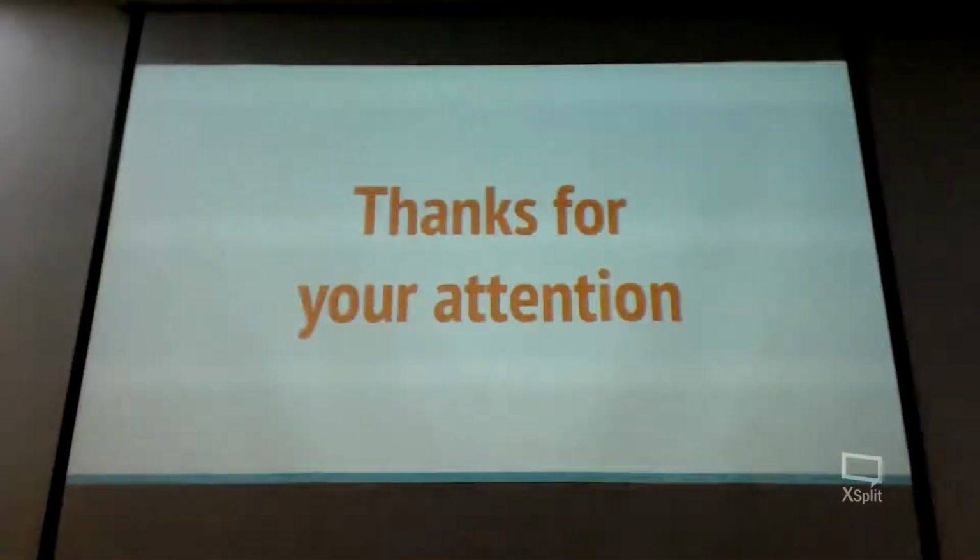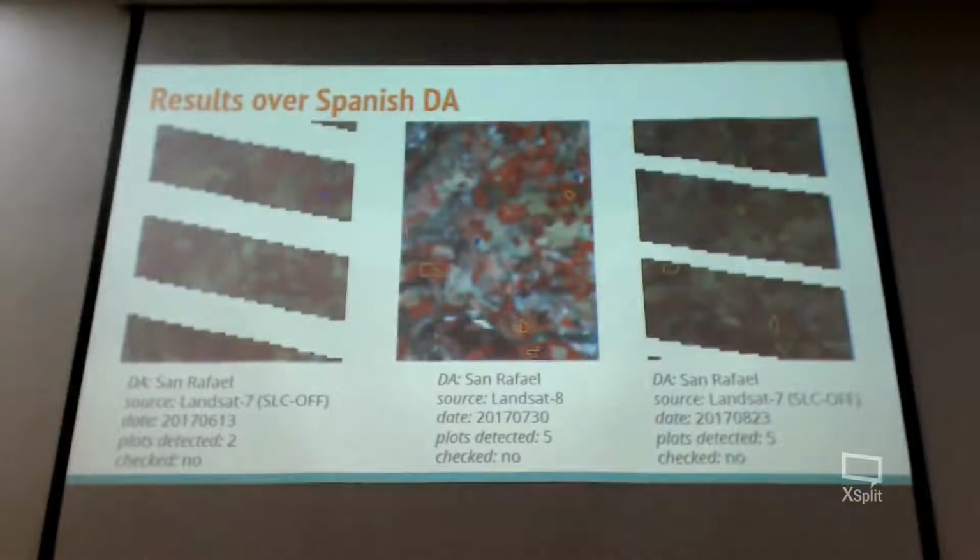And of course, we hadn't time to calibrate the model in the local region, so we performed some classification based on the system that has been developed for the Italian demonstration area.